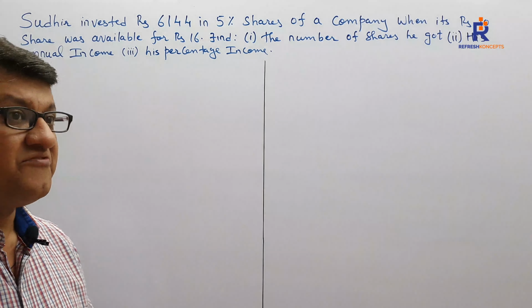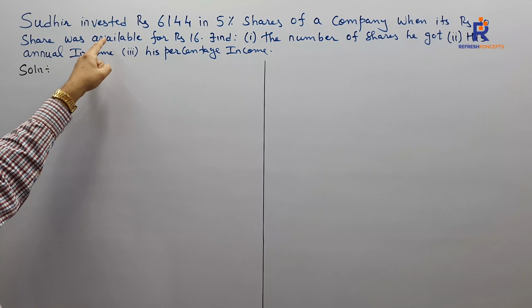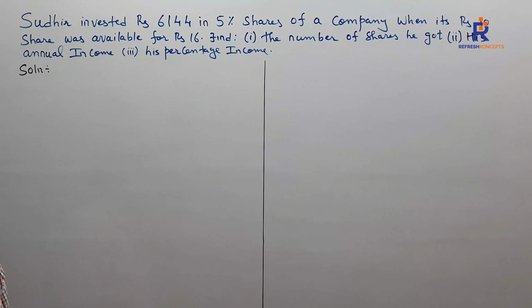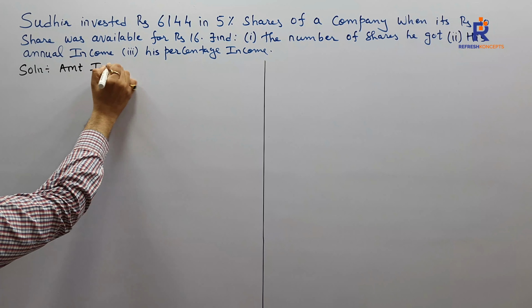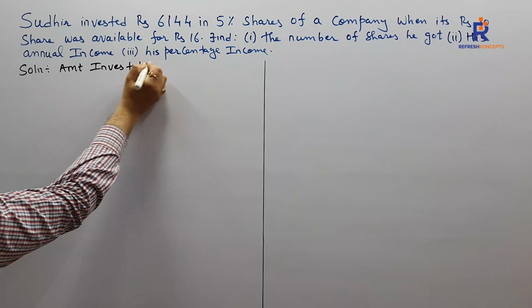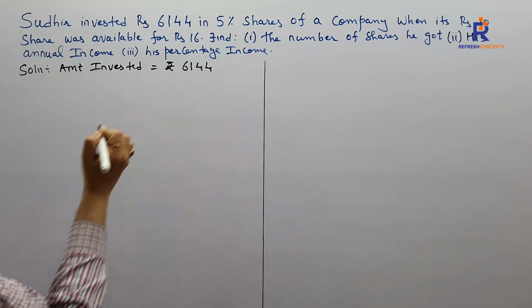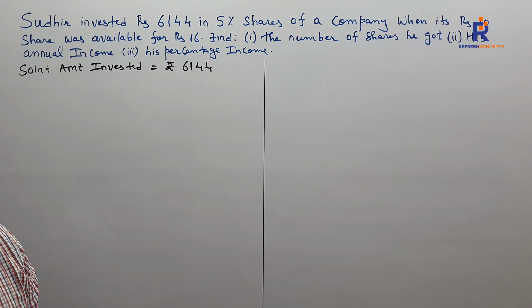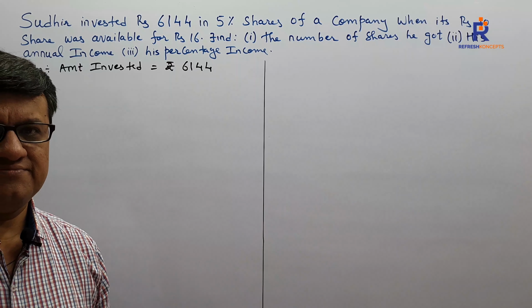Let's understand, first of all, the language of this sum. Sudhir invested rupees 6144. Shall I say it is the amount invested? So I shall say amount invested is rupees 6144. In 5% shares.